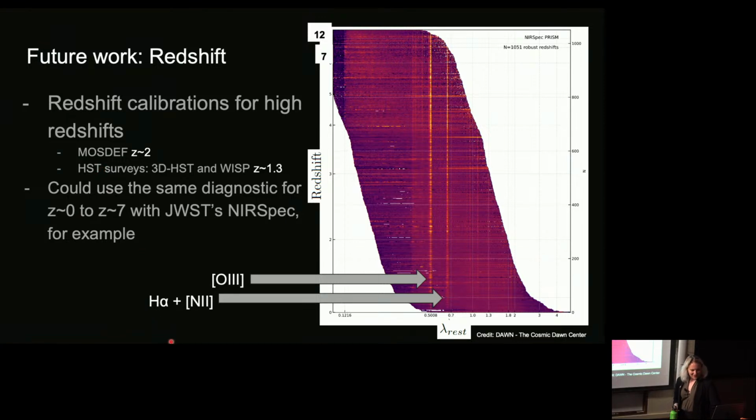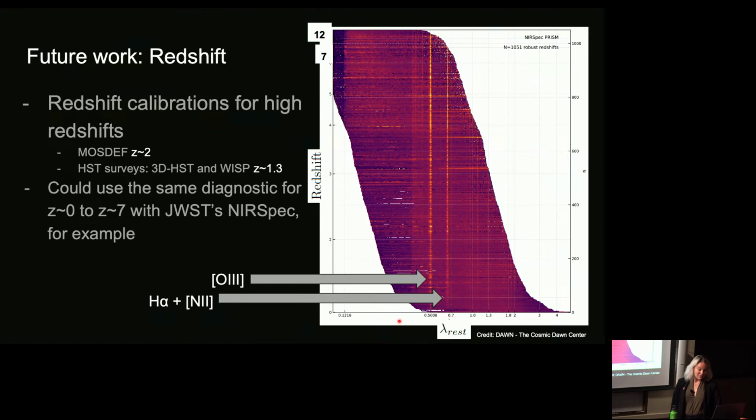And this very compelling plot I have on the right here is from the NIRSpec Cosmic Dawn team. We have the rest wavelength on the x-axis and redshift from 0 to 12 on the y-axis. I have highlighted here the oxygen 3 line and the blended H-alpha and N2 lines.